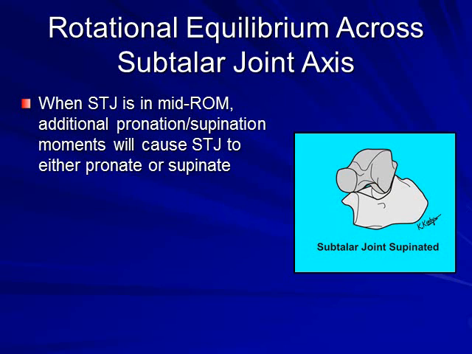However, let's first look at the mid-range of motion of the subtalar joint, going from a position of supination to neutral to the point of maximum pronation. In this situation, when we move the foot into neutral and then to pronated and back to neutral and supinated again, we have a relatively free range of motion of the subtalar joint, where additional pronation moments will cause pronation motion and additional supination moments will cause supination motion.